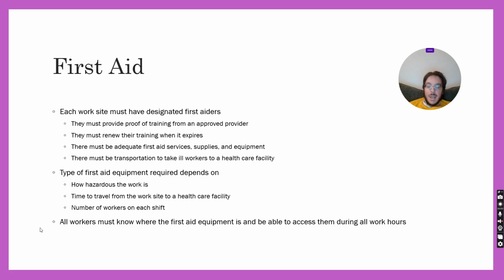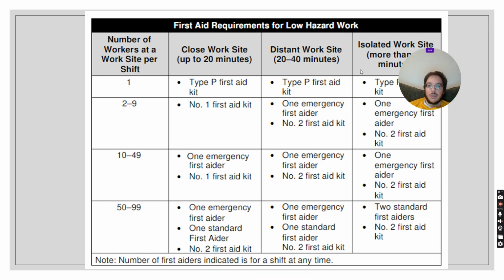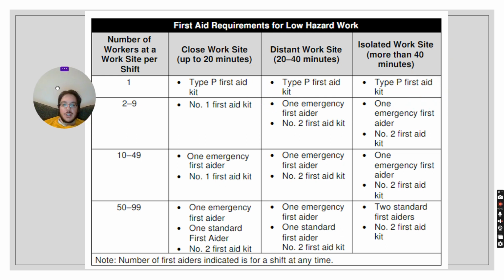Now, every worker, however, has to know where their first aid equipment is and be able to access them during all work hours. So, if our site is a low hazard, and I'm not going to read these verbatim, but you can see the more workers we have, the more equipment we need, and also the further we are from a hospital, the more equipment we need.